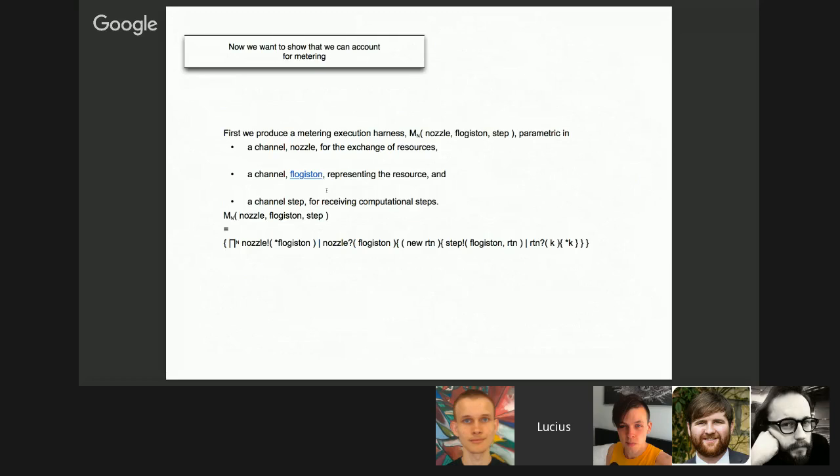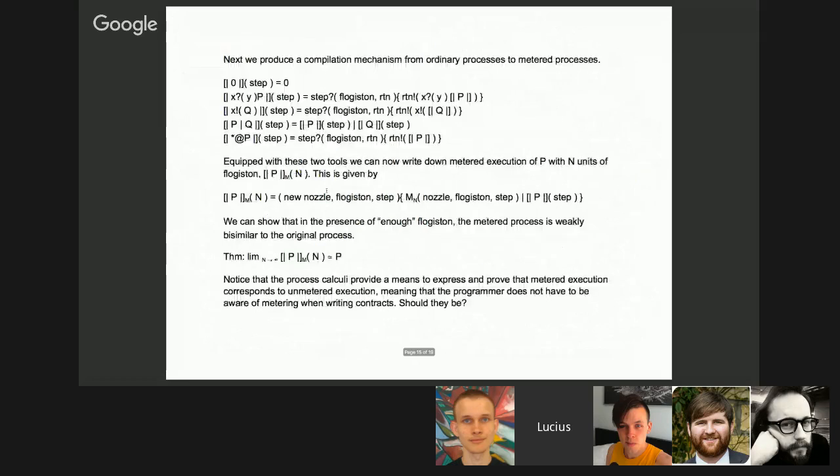So that's the essential use of the reflective feature of the rho calculus for this encoding. The other thing that's kind of important is notice that I can begin with a calculus that appears to have no metering whatsoever, and I end up with a metered version of whatever process you hand me.